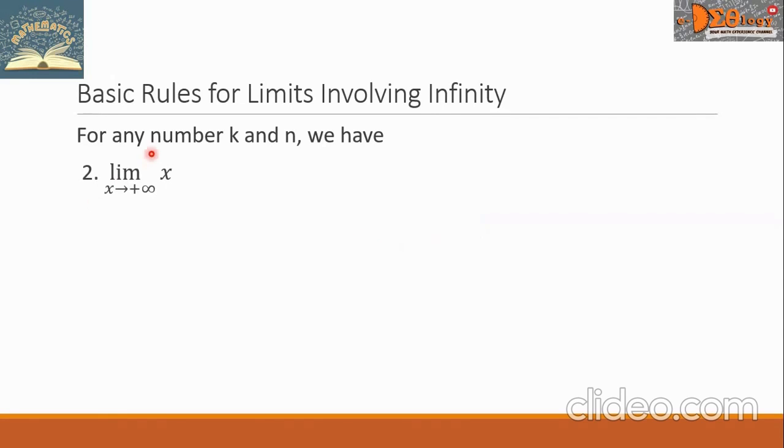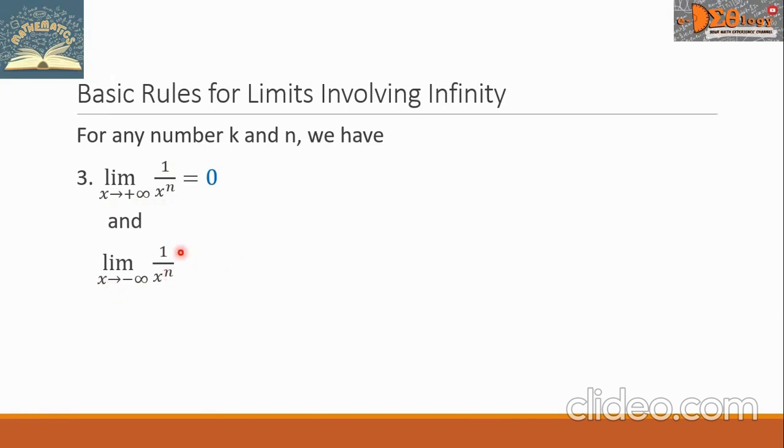Number 2, the limit of x as x approaches positive infinity equals positive infinity. And the limit of x as x approaches negative infinity equals negative infinity. Number 3, the limit of the function 1 over x raised to n as x approaches positive infinity, the answer is 0.